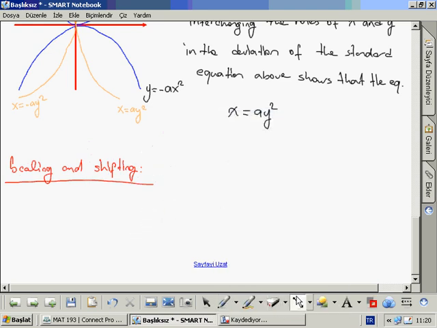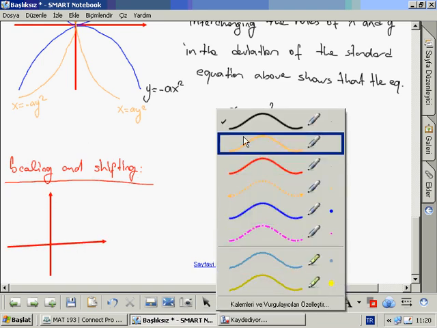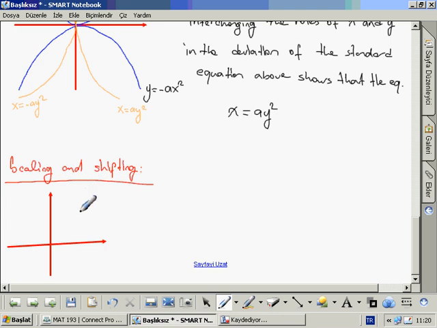For example, if you have the y equals ax squared parabola, this will be y equals 2 times ax squared.